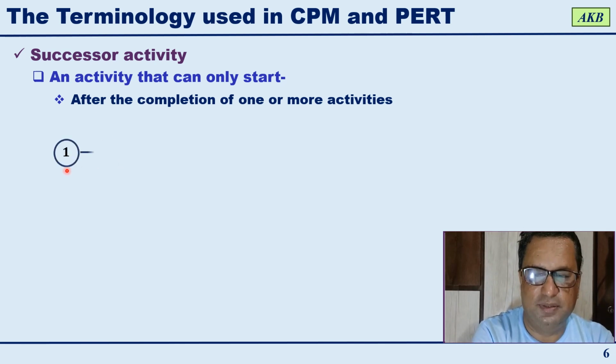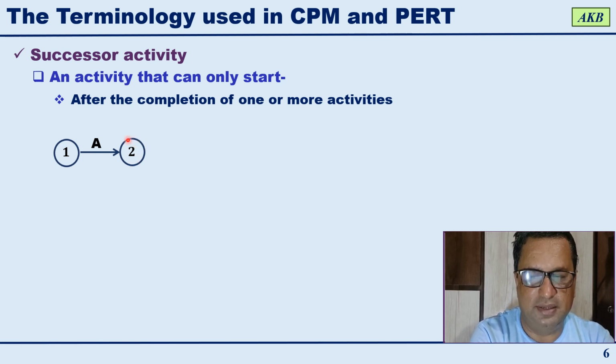So for example, this is event 1, start event of activity A, end event of activity A. So at event 2, activity A ends, and after completion of activity A, activity B starts, and it gets completed at event 3, and then activity C starts and it gets completed at event 4.